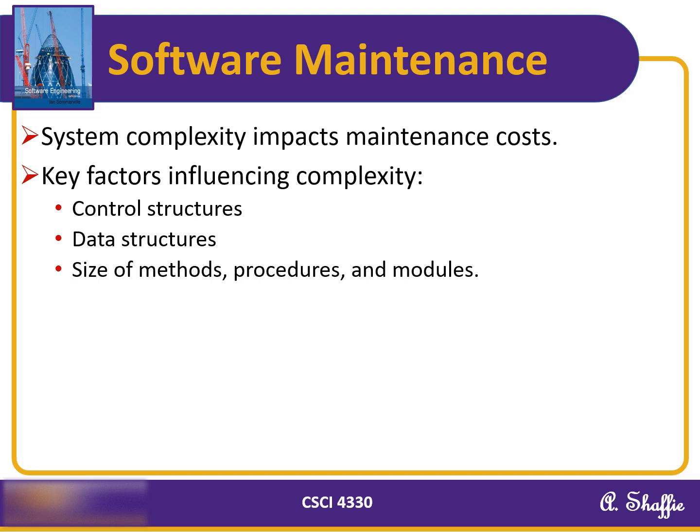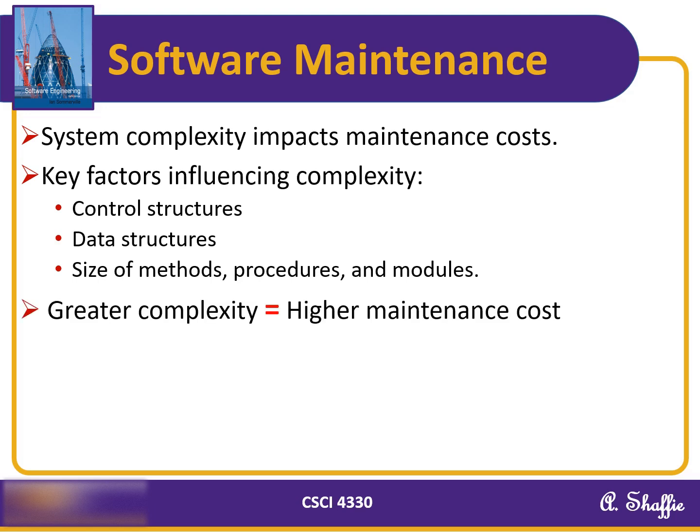The size and the design of methods, procedures, and modules. Now, here is the critical point. Greater complexity leads to higher maintenance cost. That's why we aim to keep the system as simple as possible, as long as it performs as expected. Simplicity helps reduce the effort and cost required for maintenance.